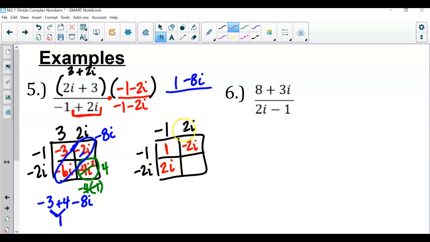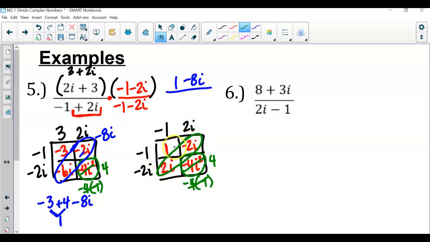Then 2i times negative 2i, negative 4i squared. And then again here, notice how we have i squared. So i squared is negative 1, and negative 4 times negative 1 makes that positive 4. So again, we've got positive 4 here.